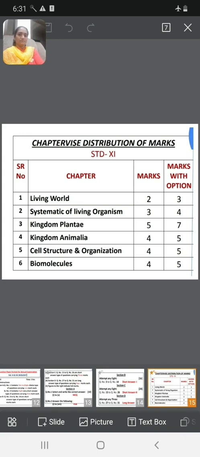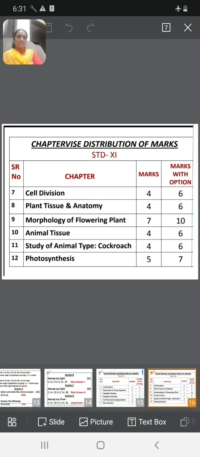Okay. Then these are our chapters for 11 science, which are divided into units, then chapters. Like the first chapter is Living World, which has 2 marks compulsory and 3 marks with option. Then the second chapter is Systematics of Living Organisms, compulsory 3 marks and 4 marks with options. Like that all the chapters are there, totally about 16 chapters.